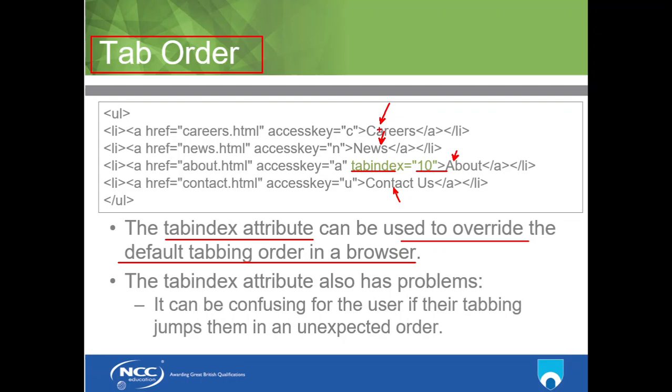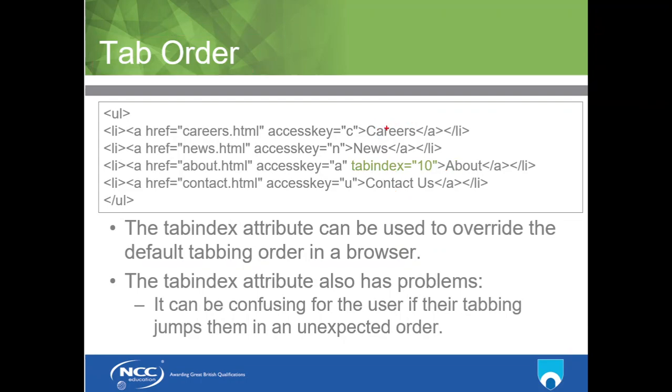So if you press tab, it's going to go here. Tab again, it goes here. Tab again, it goes here because now this is number 2. Tab again, if you get to number 10, then that is when it is going to come here.